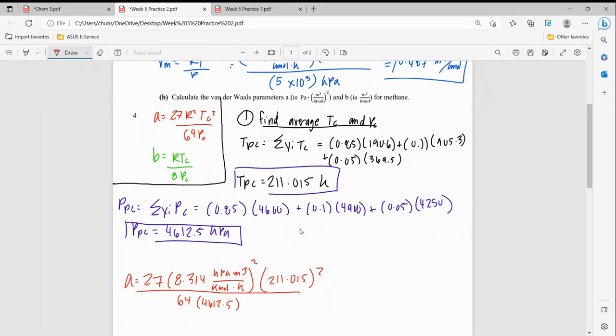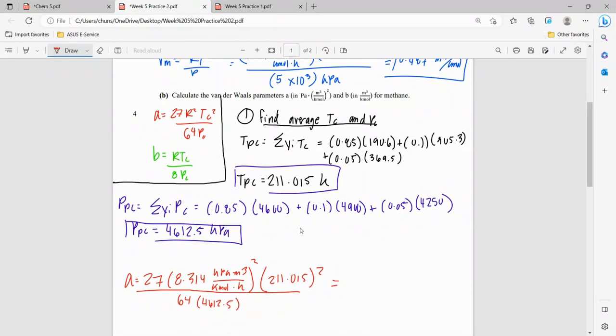So let's calculate this out. This is 27 times 8.314 squared times 211.015 also squared, and that's divided by 64 times 4,612.5, and this is equal to 281.51, and this is pascals times meters cubed over kilomole squared.